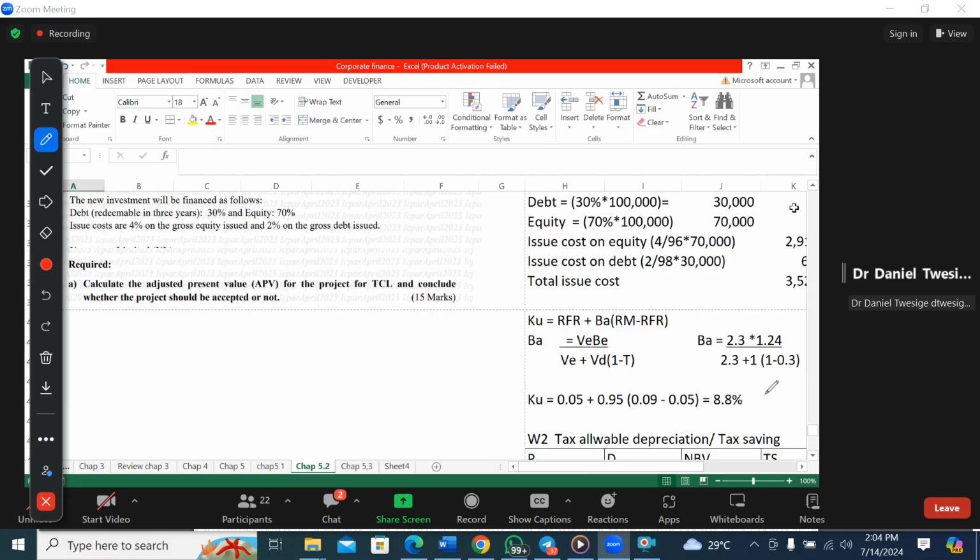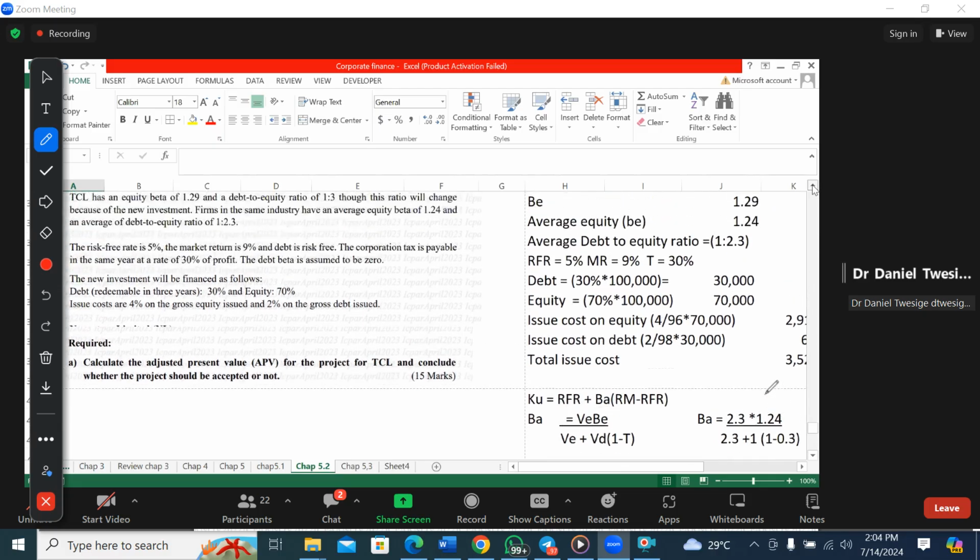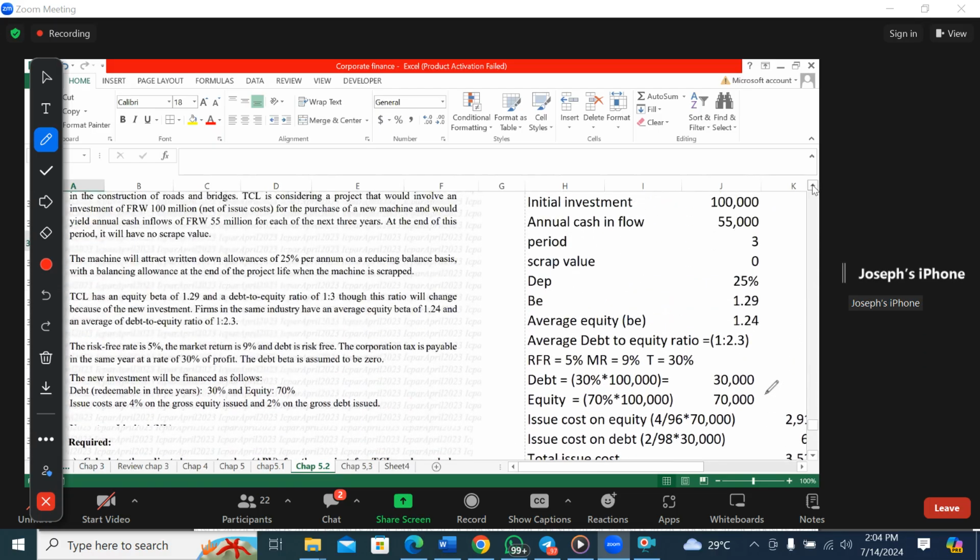Is it okay? Debt is risk-free. They said the risk-free rate is 5%. The market return is 9%. And they said the debt is risk-free, meaning it's a government bond, a treasury bill.